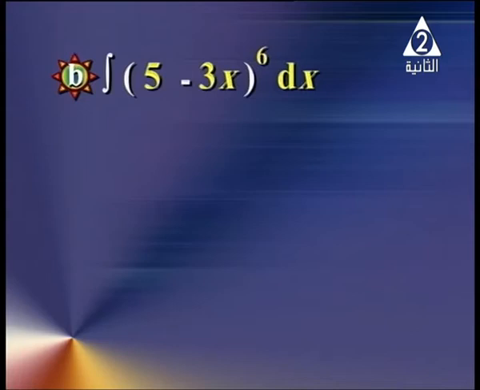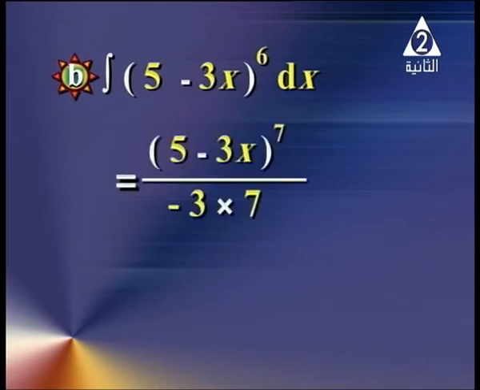What is the integration of bracket 5 minus 3x all power 6 dx? We increase the power. Look at the power 6, increase by 1 and divide by the new power, multiply by the coefficient of x.